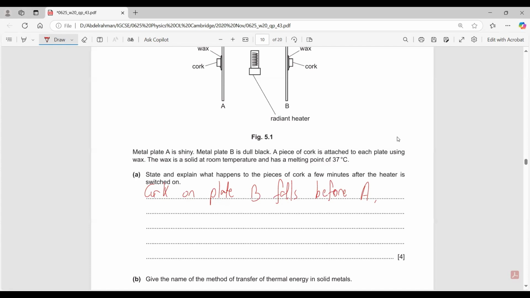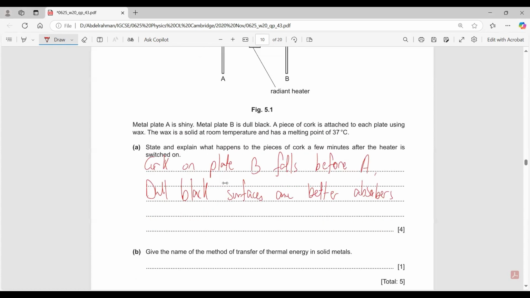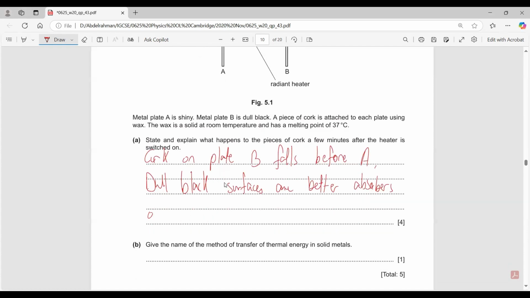Because the dull black surfaces are better absorbers of infrared radiation. Okay?